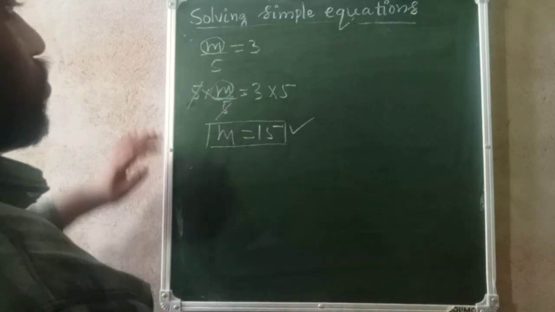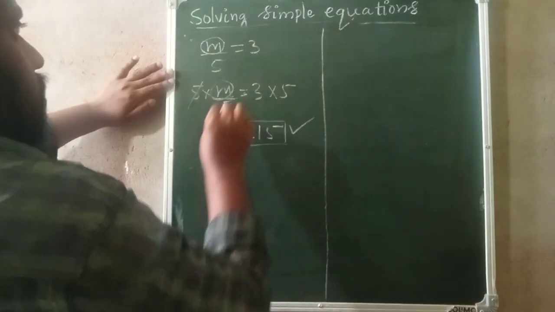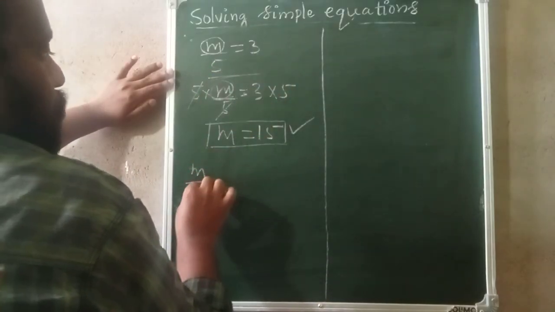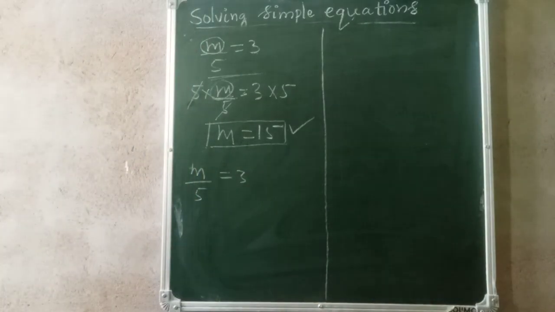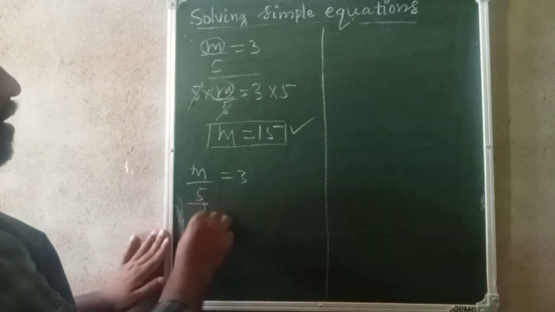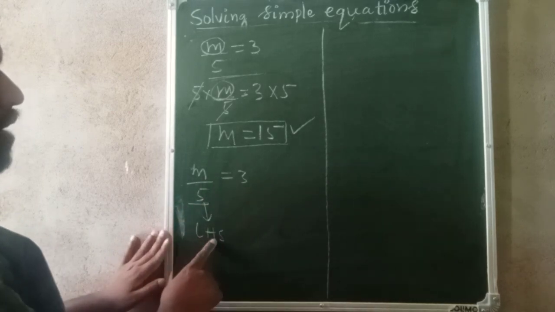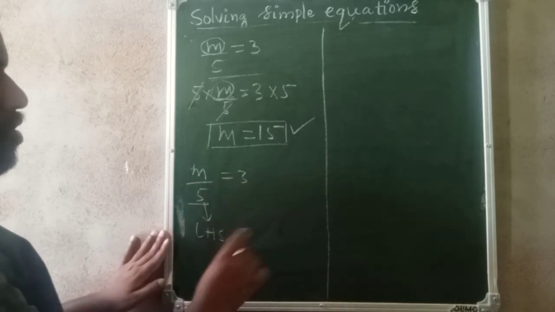For that, first I will write the given equation. This is the given equation: m by 5 is equal to 3. So see, this is LHS. LHS means left hand side. Whatever is before the equal sign, that is LHS.